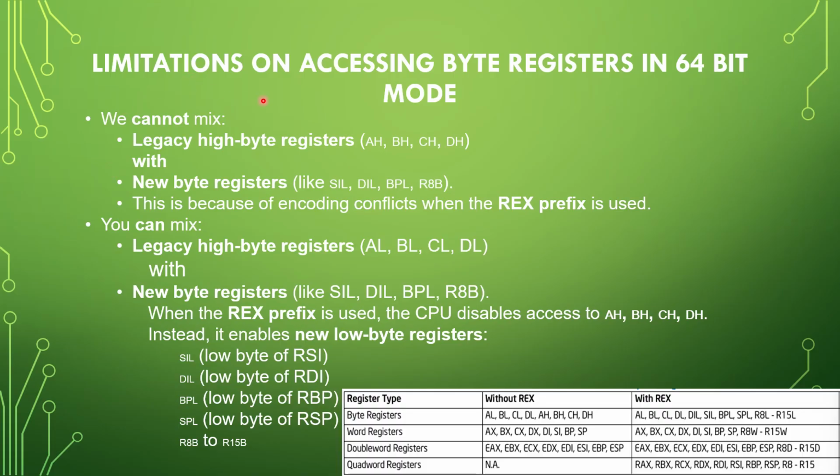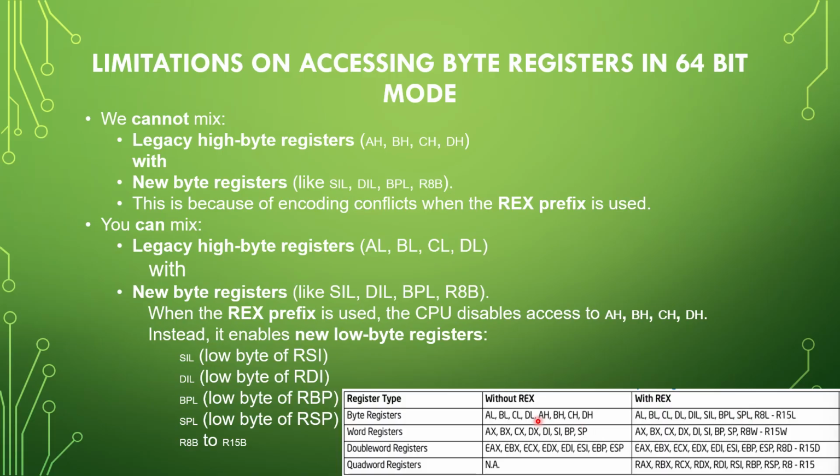Then comes the limitation on accessing the byte registers in 64-bit mode. In 64-bit mode, we cannot mix the high byte registers AH, BH, CH and DH with SIL, DIL, BPL and the corresponding registers.